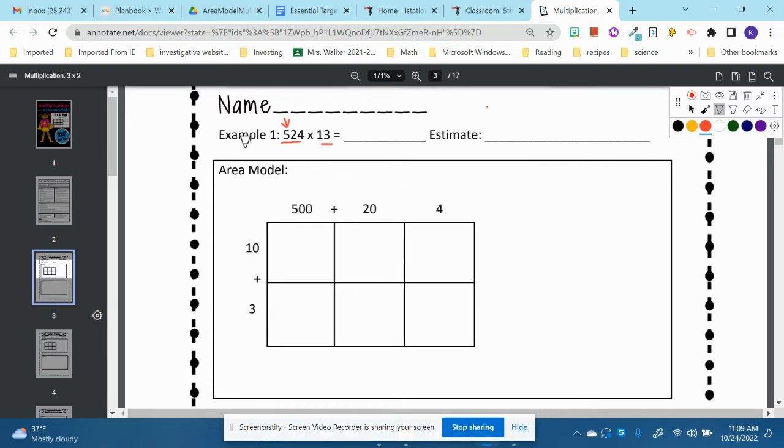If I added all these together, I would get 524. But in the area model, we're going to first take the top one and multiply it by everything across. Sometimes if it gets confusing, you can take a piece of paper and cover this bottom row, if you're getting confused on what you're doing.